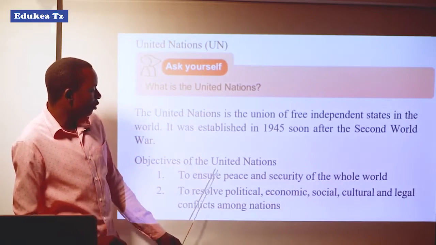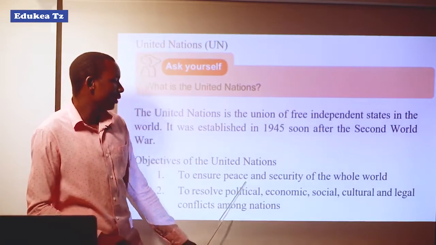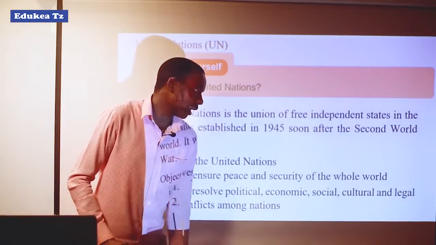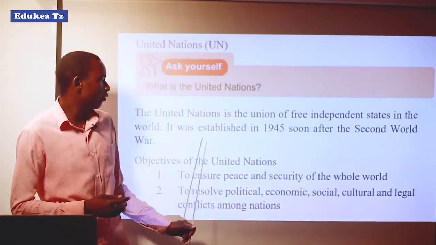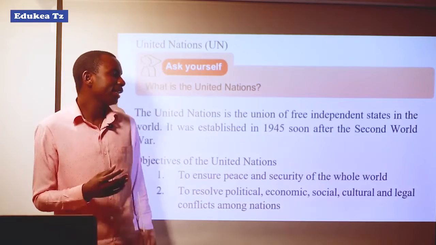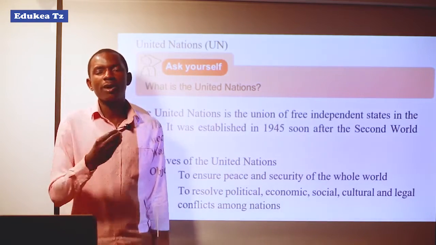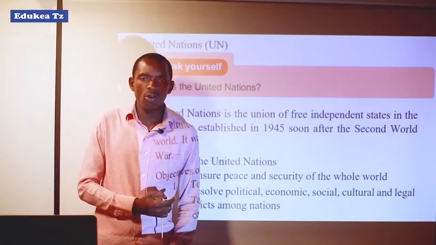So the aim of the United Nations is to ensure peace and security all over the world. One of the aims which stimulated the formation of the United Nations is to maintain peace and security, to make sure that there is no third world war.